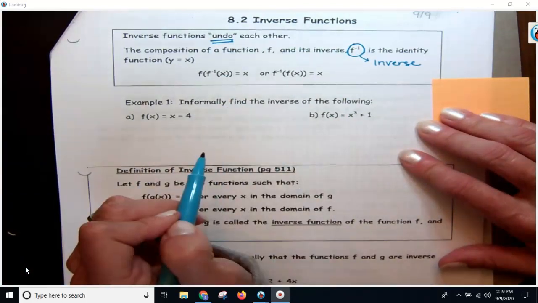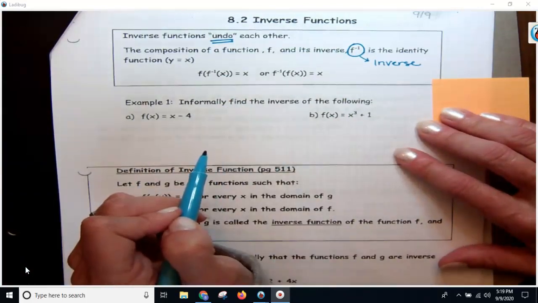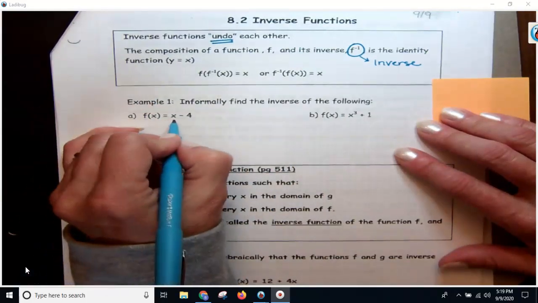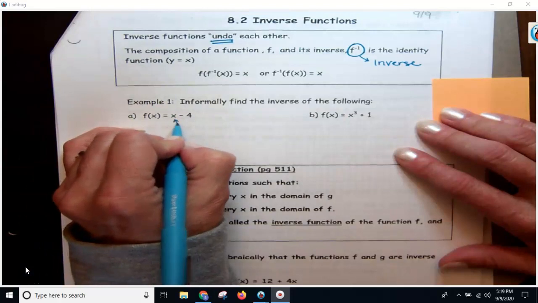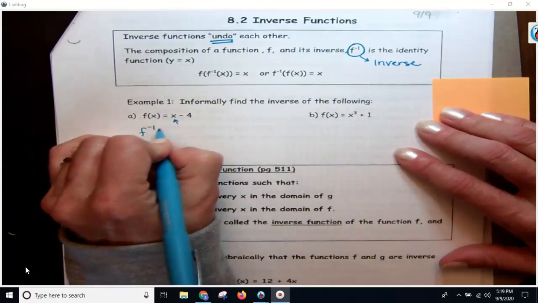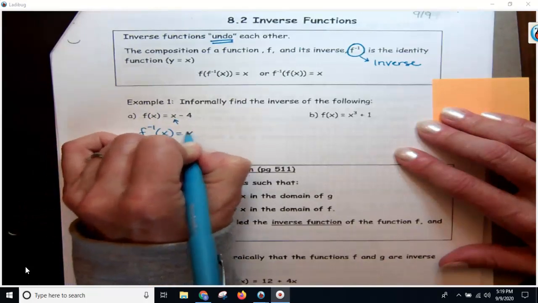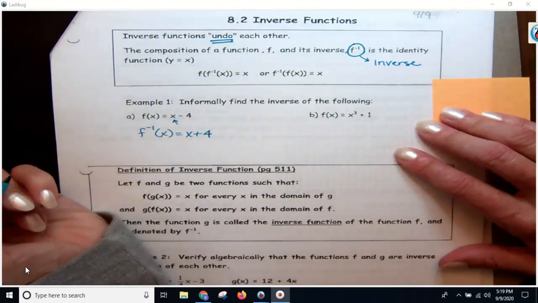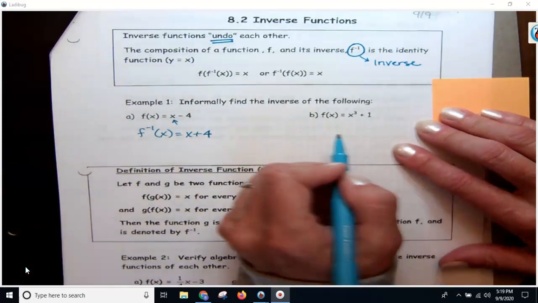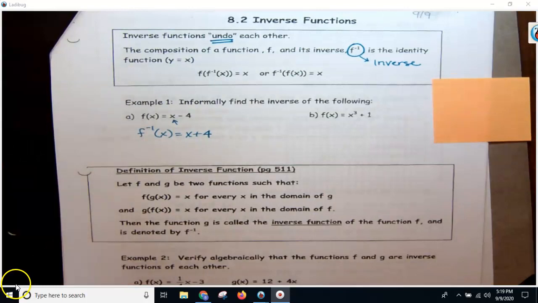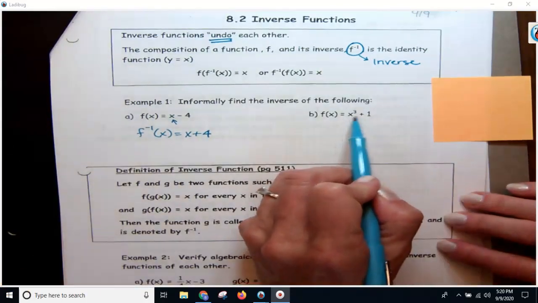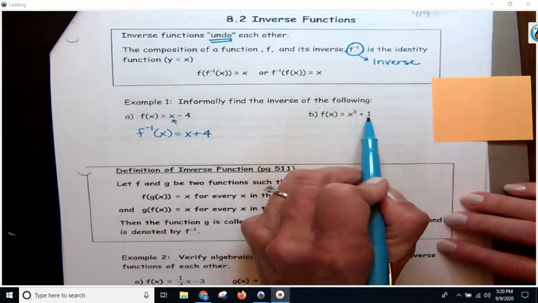So to find out if they're the inverse, you're basically going to try and undo what's being done. So what's being done to x? We're subtracting 4, so to undo it, we would add 4. Right? That's undoing it, inverse operations. And in this situation, x is being cubed and added 1.